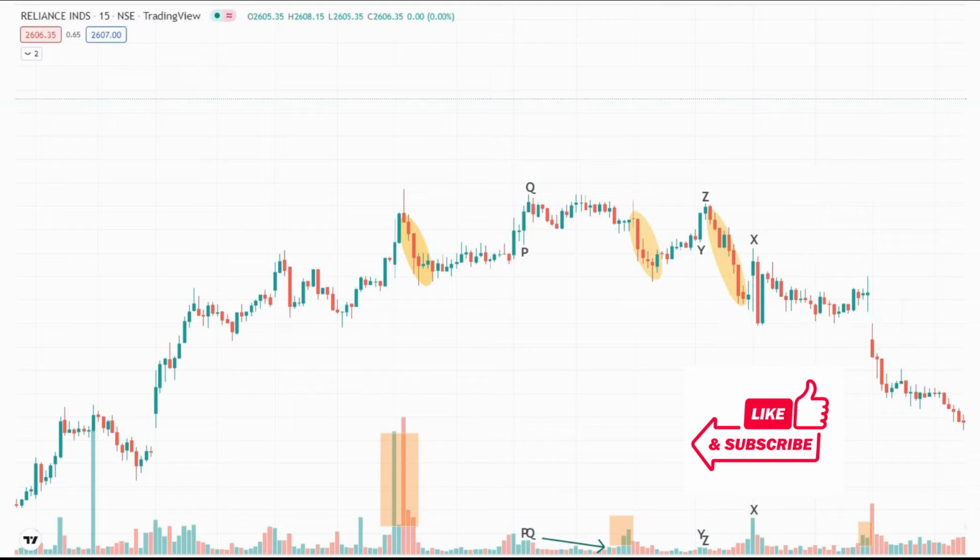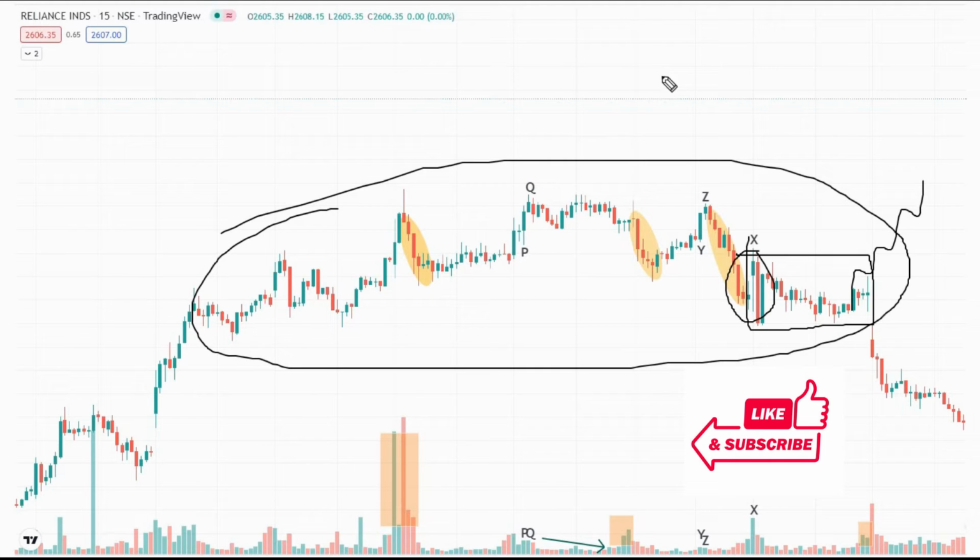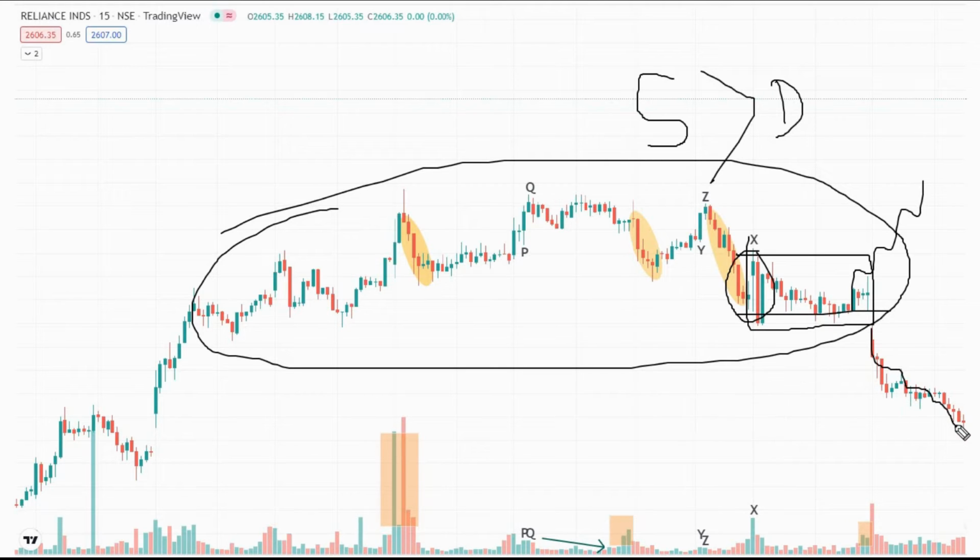After the strong selling pressure, huge volume activity can be seen, but even after this huge volume activity and a consolidation phase, prices couldn't continue the upward momentum. So this is indicating that, context wise, supply is very, very strong compared to the demand side, and eventually prices broke this level and continued the downward momentum.